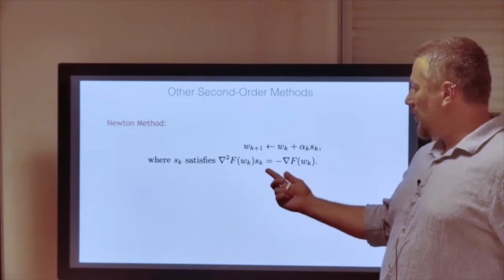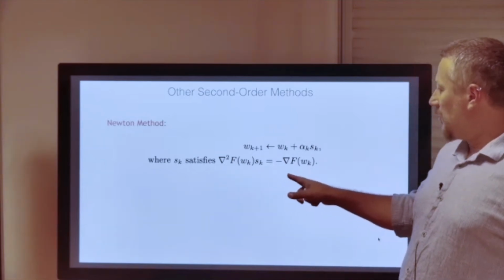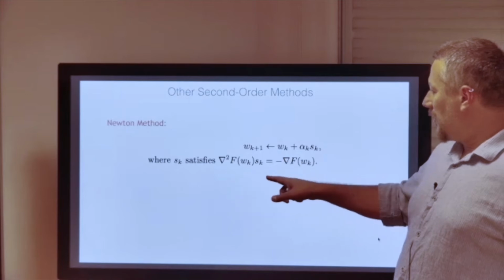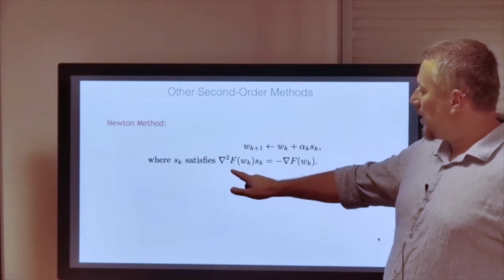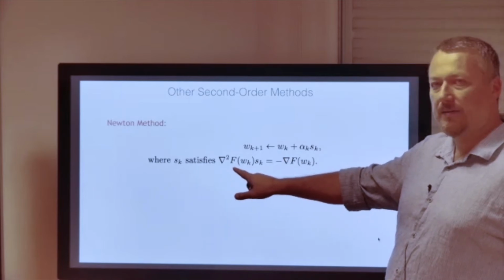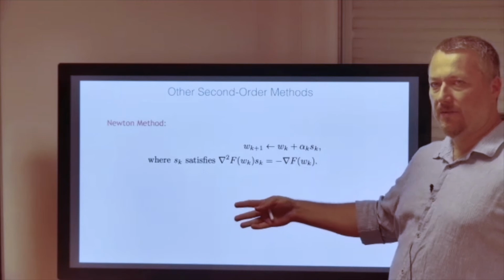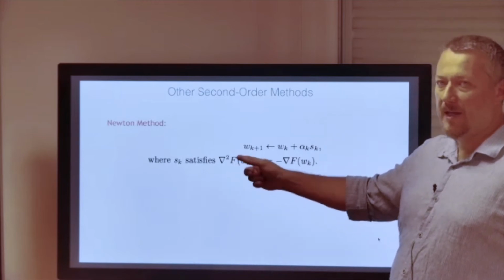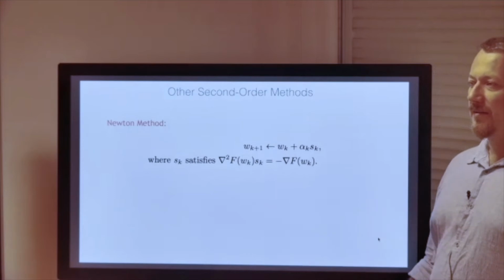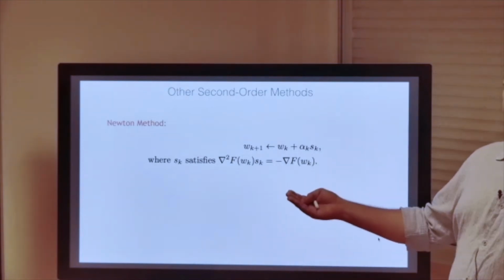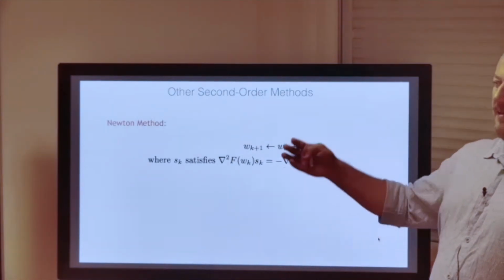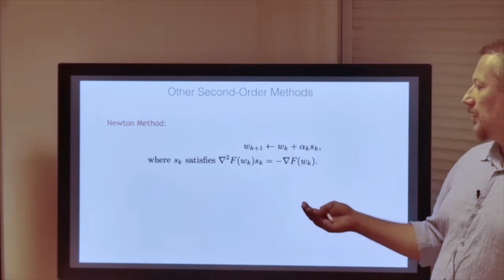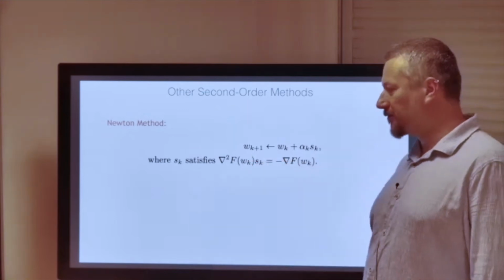So you solve this equality, but solving it is not that easy, because now you have the Hessian here, which is the second derivative of the objective function. It's a matrix. If your gradient is d-dimensional, then this is a d times d dimensional matrix.